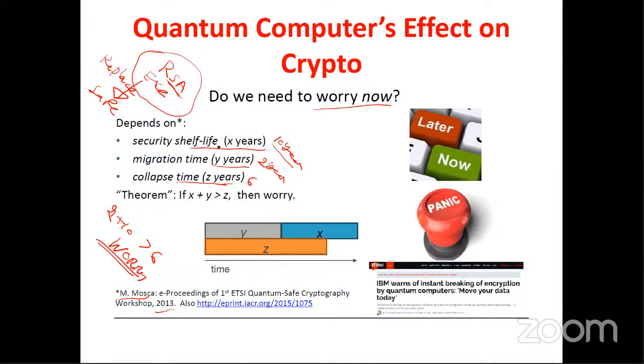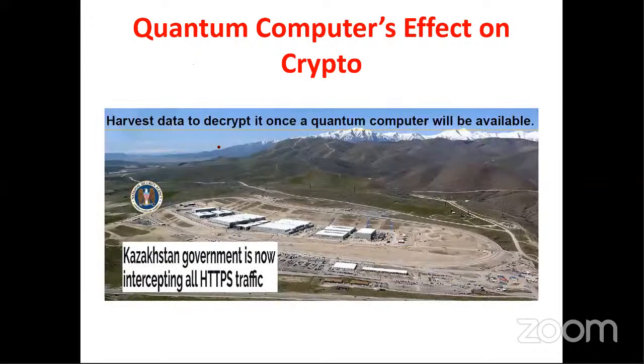So what is happening is that NSA has published this report, where they say that Kazakhstan kind of countries are intercepting this HTTPS traffic. So whatever this HTTPS traffic that I have shown yesterday, whatever secret communication or this online SBI or this e-commerce, everyone uses this HTTPS, and in that they use this RSA 2048 kind of thing.